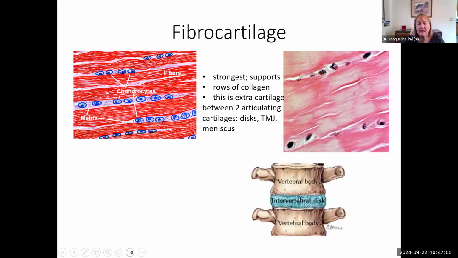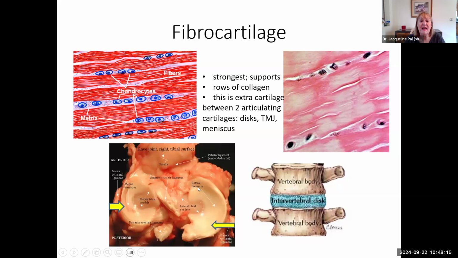And so classic examples where we see this, here's a vertebral body, there's another vertebral body, we would have articular cartilage here, we would have articular cartilage here, and now we have our intervertebral disc, which is a piece of fibrocartilage.